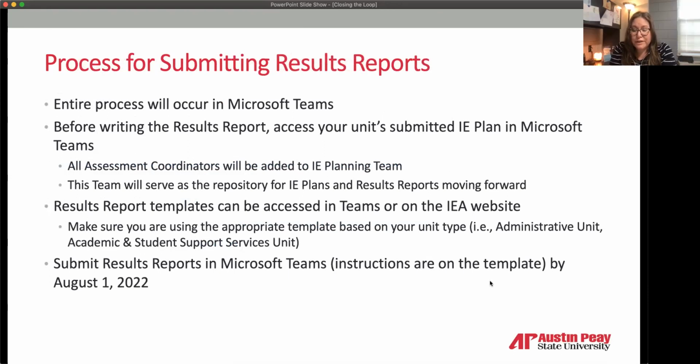So we are using a new process for submitting these now. You'll remember in the past, or maybe you're new to this and so this is all new to you, but in the past, we have used Nuventiv to do this. And we're moving away from Nuventiv for various reasons, first and foremost because our contract is expiring this fall.